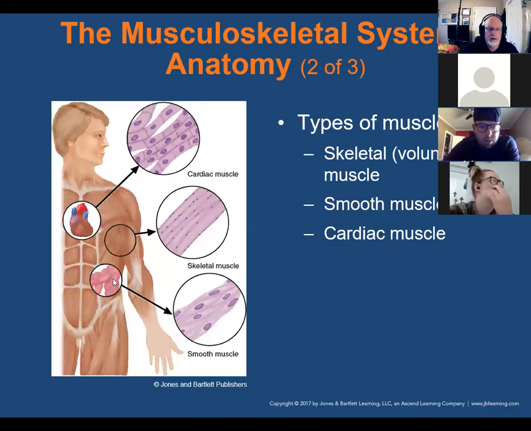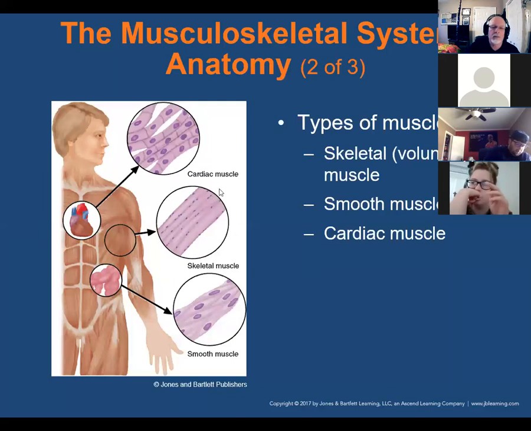Smooth muscle is in our intestines, and another place we have smooth muscle is around our arteries, and that smooth muscle can contract and relax to help maintain perfusion, or to help move the proper amount of blood around, try to keep oxygen and nutrients going to our brain. When I say perfusion, I mean transporting oxygen and nutrients to tissue in the body.